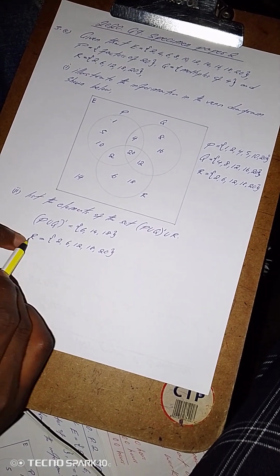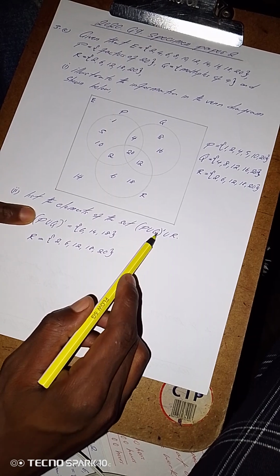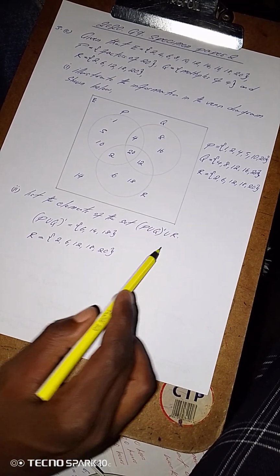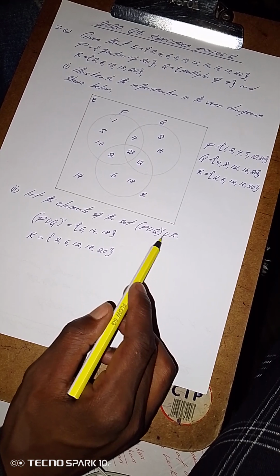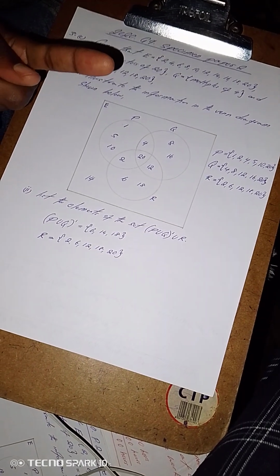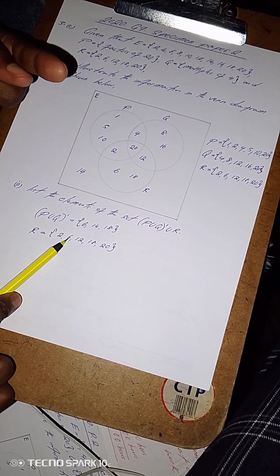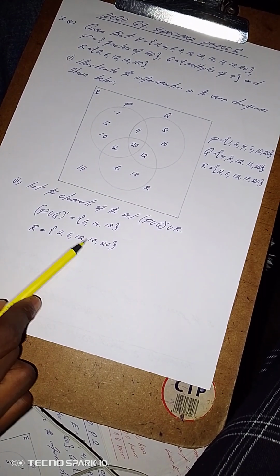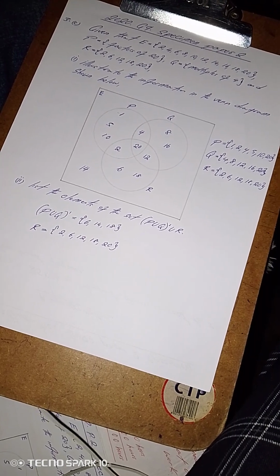Now between this one and this one, there is a sign here. This sign means what? Union. Union means putting things together to come up with one set. So you're able to see that I have 6 here, also here I have 6, I have 18, and I have 18. So these elements should come once, not twice, once.